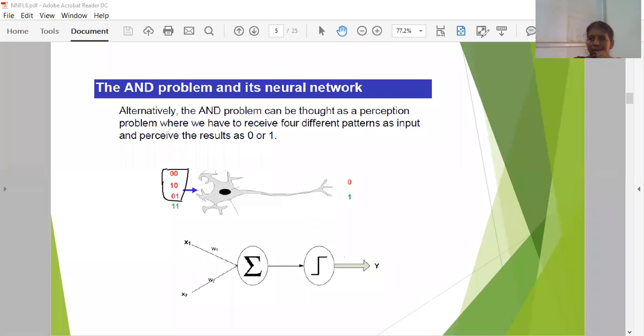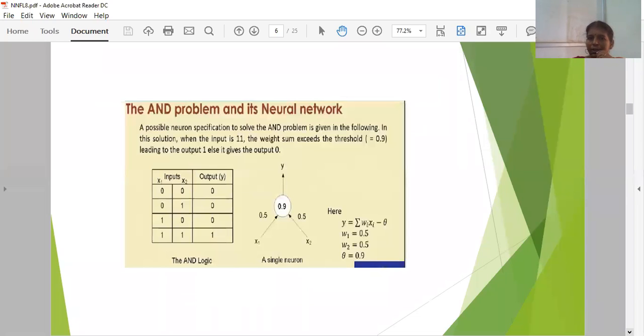Here you are considering four patterns, and the weights you are considering are 0.5 and 0.5.